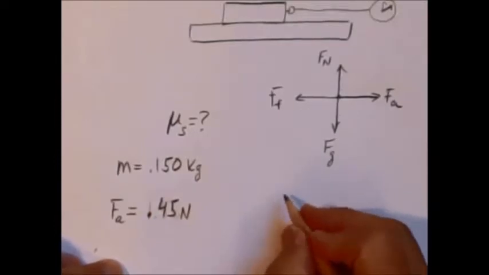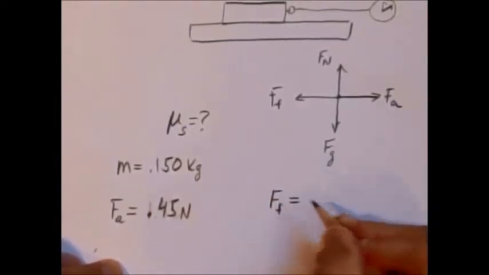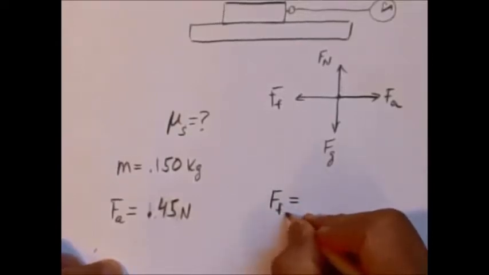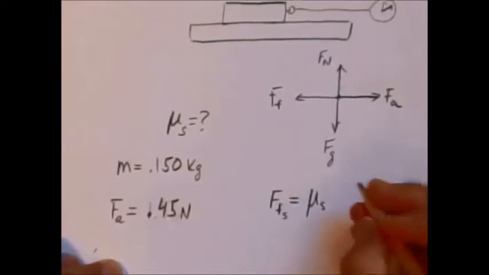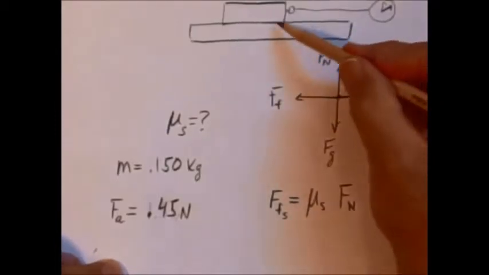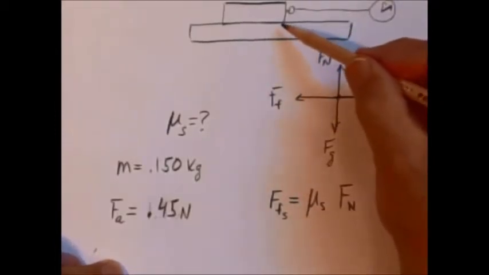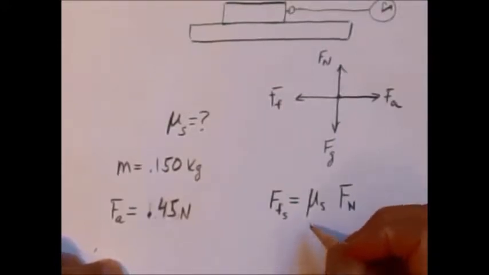First I want you to recall that the friction force, the force of static friction, is equal to mu sub s times the normal force. So the more weight that's on this block, the greater the friction force is going to be.